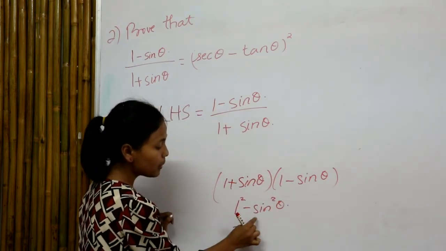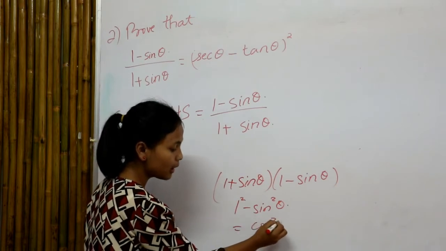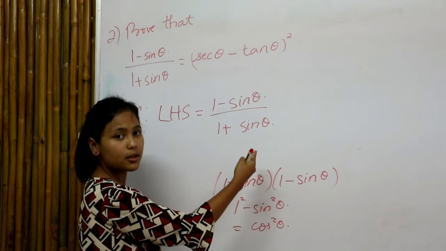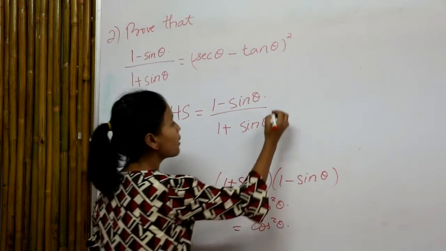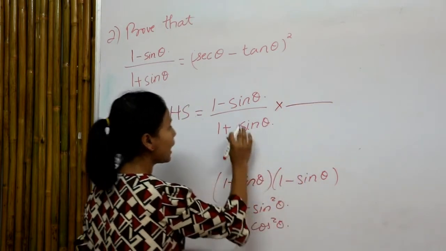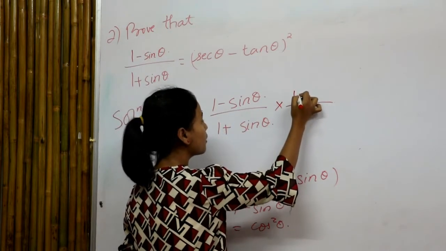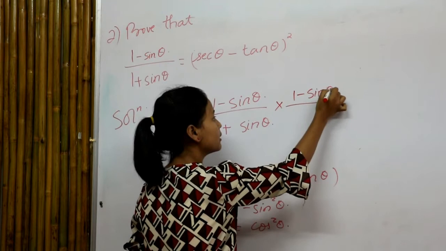Okay, we know that 1 minus sin square theta is cos square theta. Okay, we are getting only one term, right? So it makes it easy for us to solve this one. So let us multiply both numerator and denominator here by 1 minus sin theta.